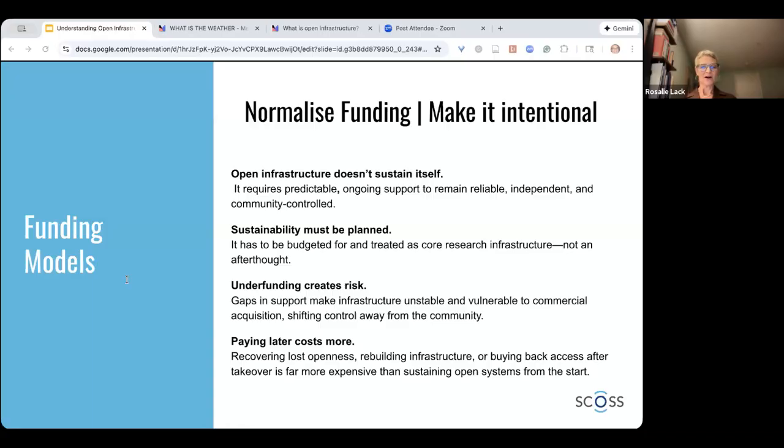When there are gaps in what they need to be funded, it creates an underfunding risk. For example, if they are not getting the funding they need, we've seen commercial acquisition of many of these infrastructures. That was happening several years ago. There were many open infrastructures that were in fact purchased by commercial entities.